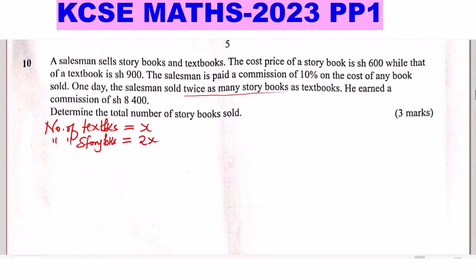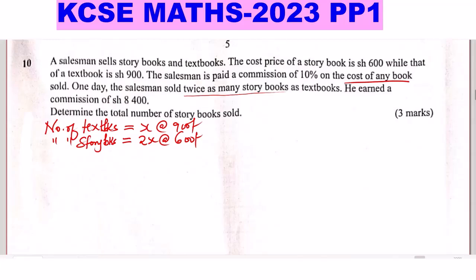So when the number of textbooks is x, storybooks will be 2x. The cost price of one storybook is 600 shillings, and for a textbook it is 900 shillings. The salesman is paid a commission of 10% on the cost of any book.